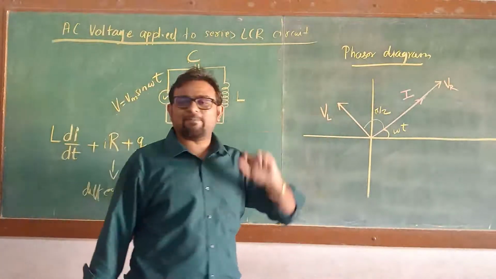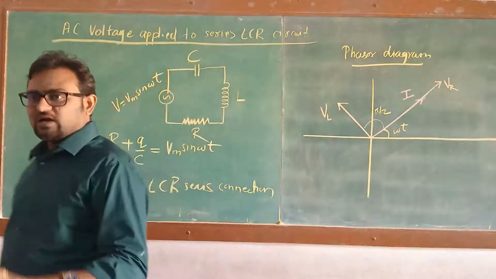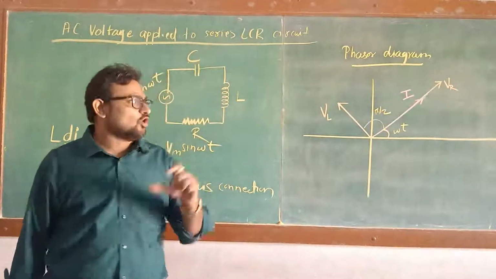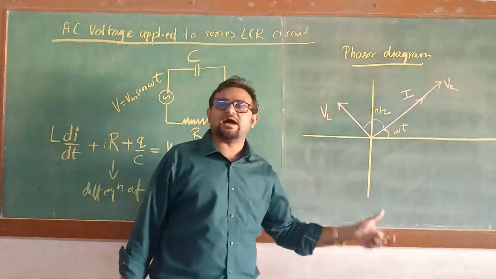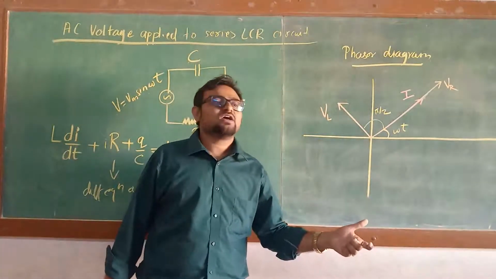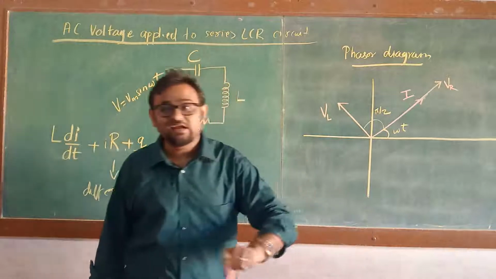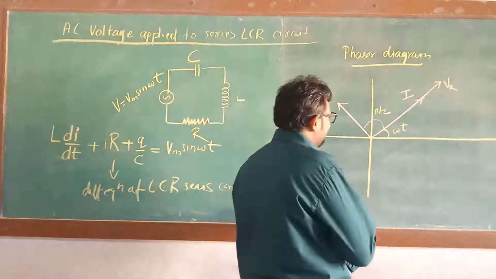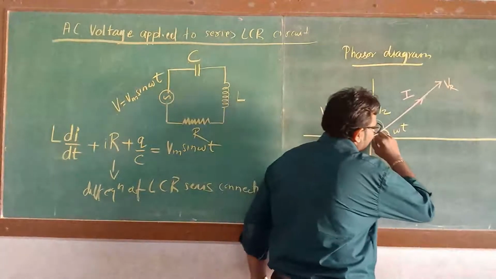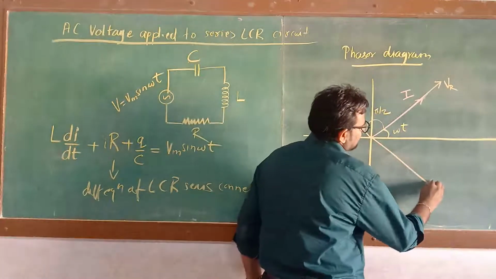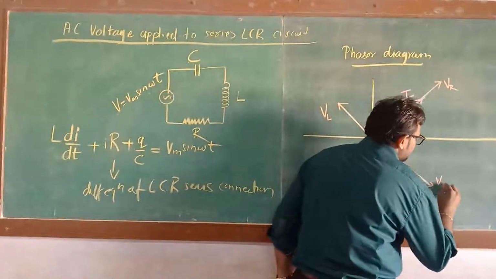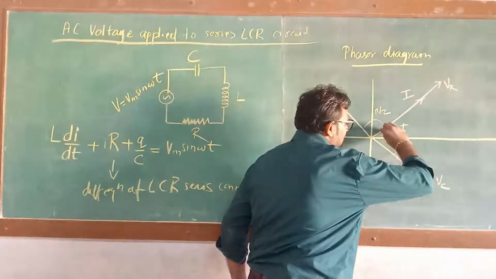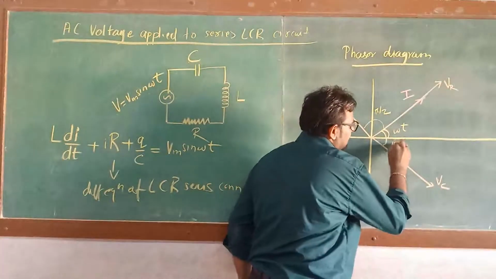Now for the capacitor, voltage lags behind the current by a phase of pi by 2, or you can say current leads by a phase of pi by 2. So for the voltage across the capacitor, its phase will be this way. This will be VC, and this angle will be pi by 2.